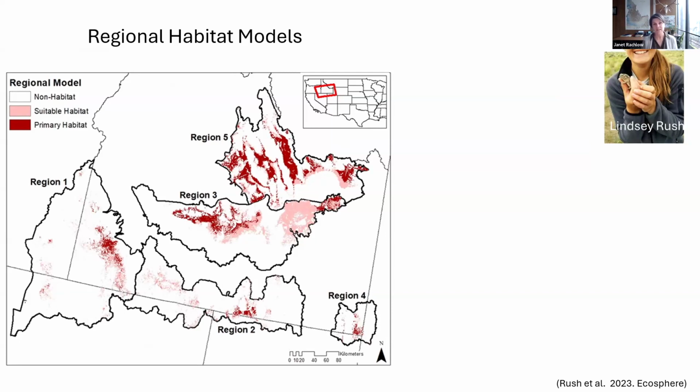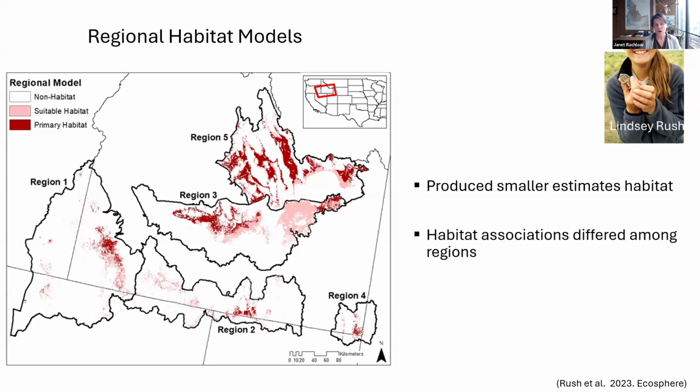And as we expected, it predicted quite a bit less habitat. There was about 80% less primary habitat than what we would predict over the same region for the range-wide model. A couple of things that came out of this that were really interesting is that the habitat associations really differed across these 5 regions, and that the bioclimatic variables were really strong predictors.